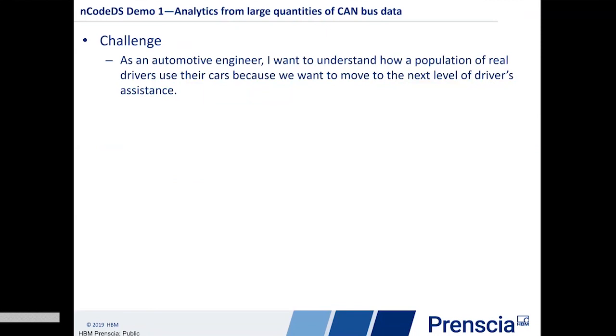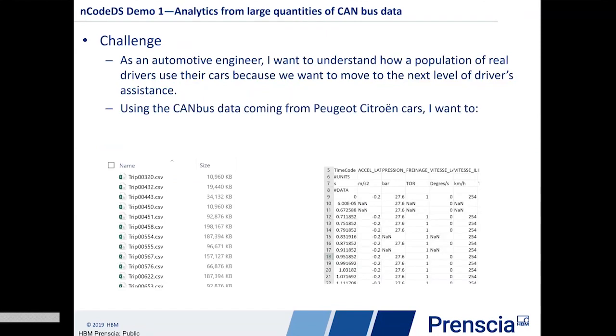So I work for Peugeot Citroën, and I've got CAN bus data coming from various users. I've got tons of those data. They are CSV files, and depending on the trip duration, they can be 10 meg or 200 meg or more, and I've got loads and loads of them. And if I open them up, I made it up.